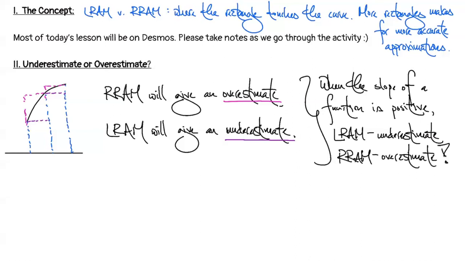All right, so for folks who are always like, but is this always going to be true? In this case, it turns out, yes, when we have a slope of a function that is positive, the left approximation will always be an underestimate, whereas the right approximation will always be an overestimate. All right, so things from the right will be too large, they'll be above the function, whereas things from the left will be underneath that function.